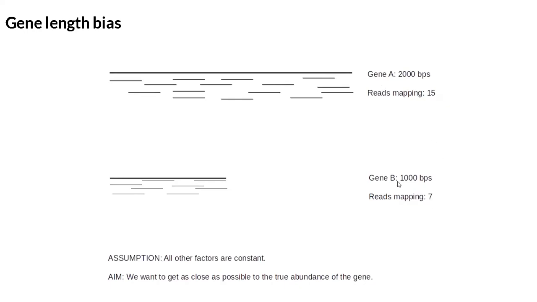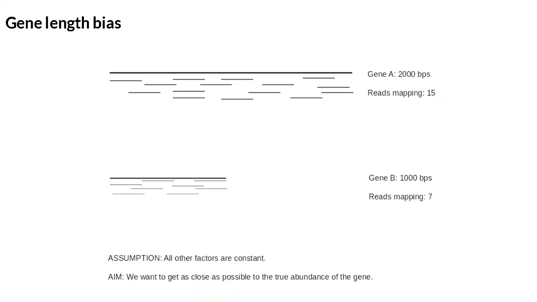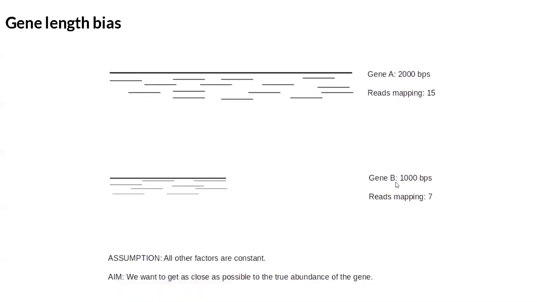At this point, the assumption is that all the other factors are constant, and the goal is to reach the true abundance of the gene. That's our main goal. But when you're reading out these read mappings of 15 and 7, what you are not taking into account at this step is that the probability of reads coming from a longer gene would anyway be higher as compared to a shorter gene, just by probability.